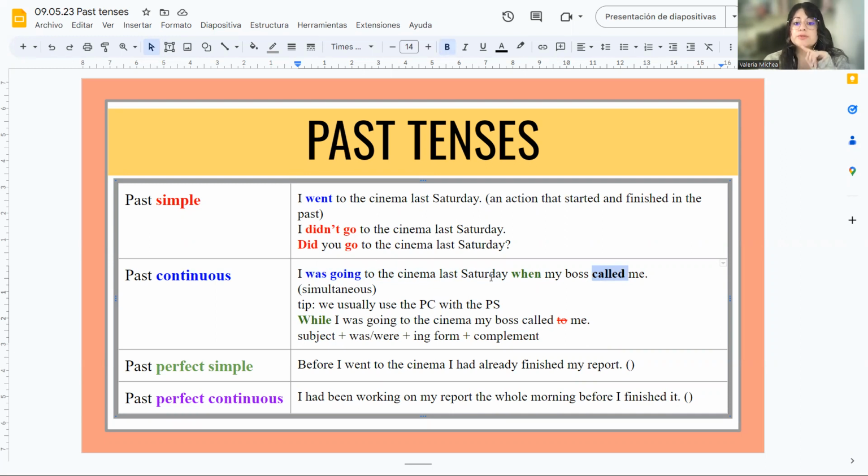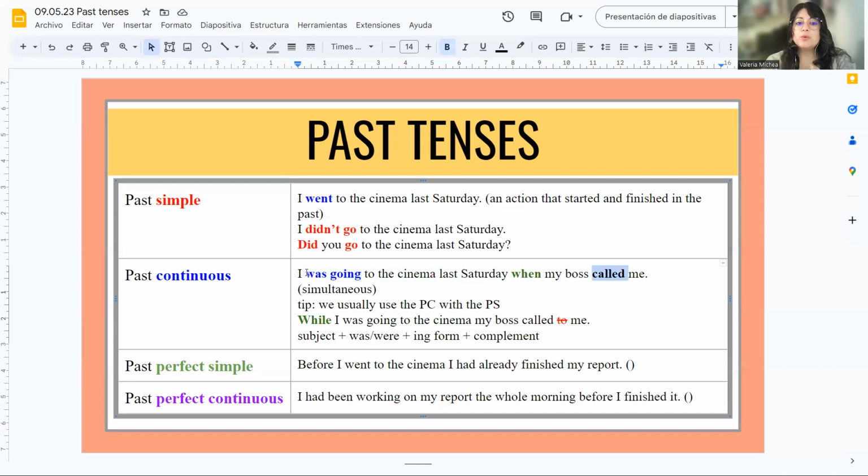So I was going to the cinema last Saturday when my boss called. We refer to these actions like as it follows. We have a long action, I was going to the cinema, that lasted for a period of time when my boss called me. That's a short action in the past, right?